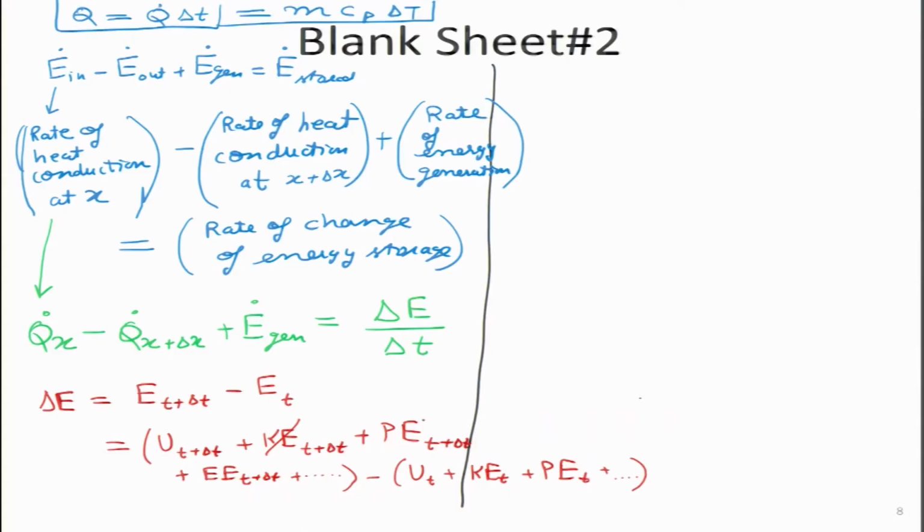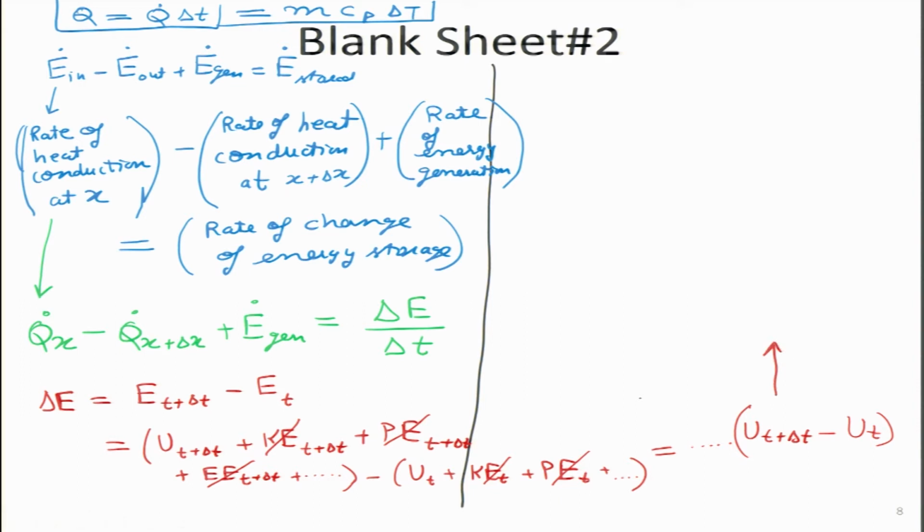So, I am going to cancel out all these terms which we are not considering, just because in this course the focus is mainly on the thermal aspects, which means I can do all this analysis over here and I can simply write at the end. So, I will just write that this is simply U at t plus delta t minus U at t.